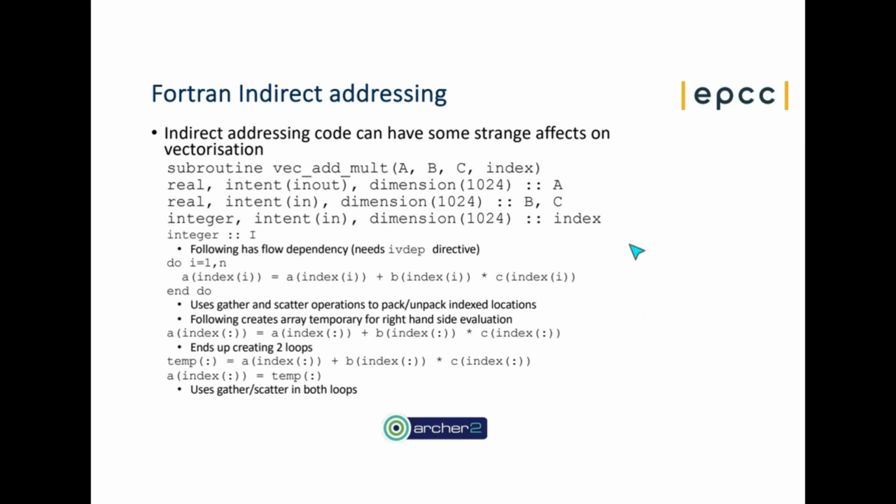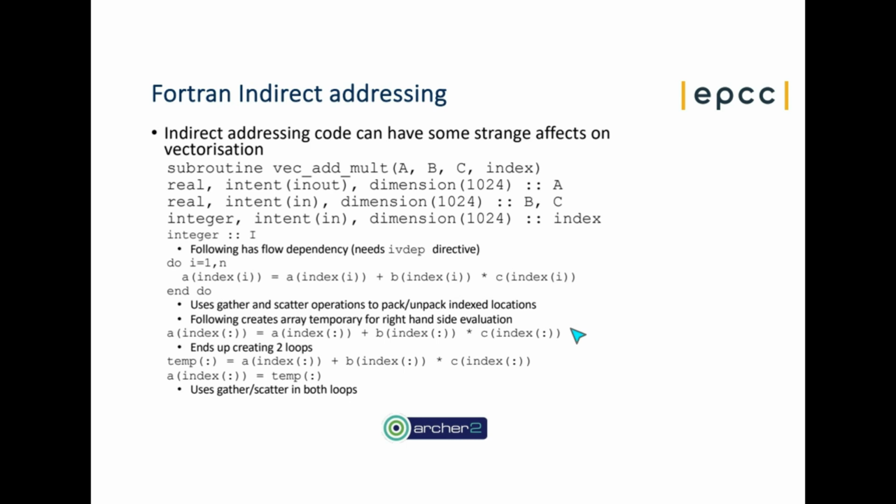Indirect addressing can also be an issue. If I use indirect addressing arrays, the compiler can deal with this if you tell it that it's independent, but it's just not very effective.